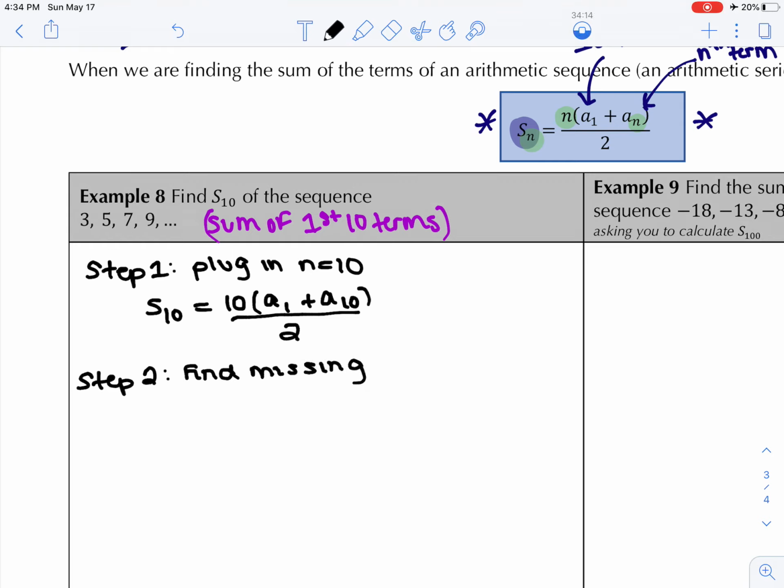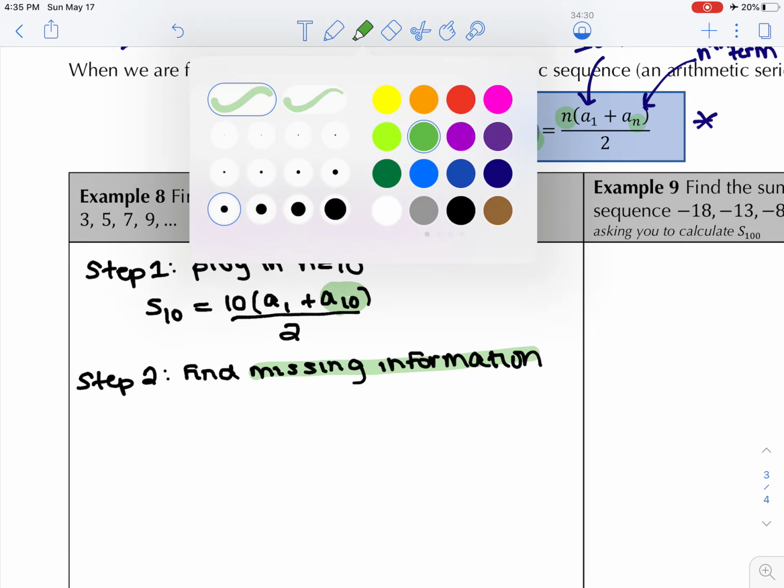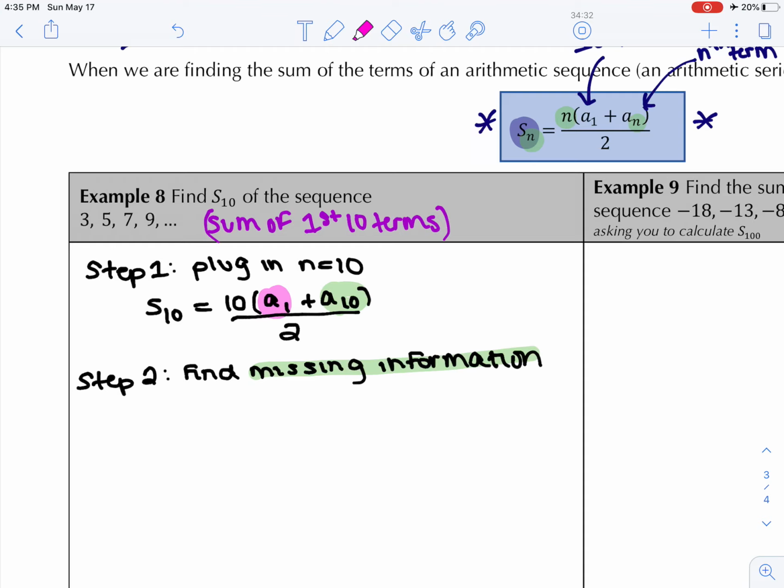And what I mean by that is find any information that we're going to need to calculate the S sub 10 that we're not already given. Okay, and it looks like the missing information would be this a sub 10, because I know a sub 1 is 3, and I've plugged in 10, and I have the 2 from the equation, so really all I need to do is find a sub 10.